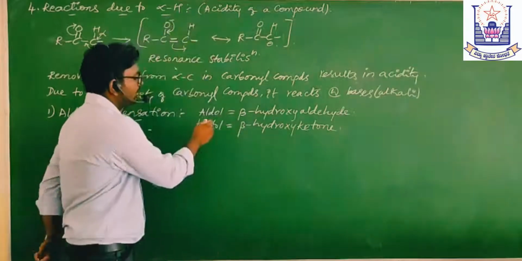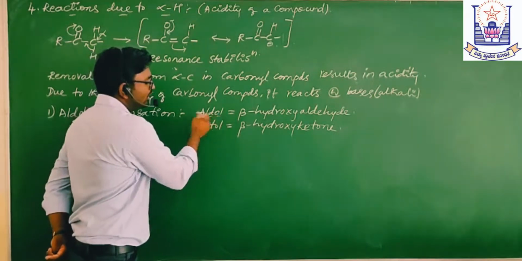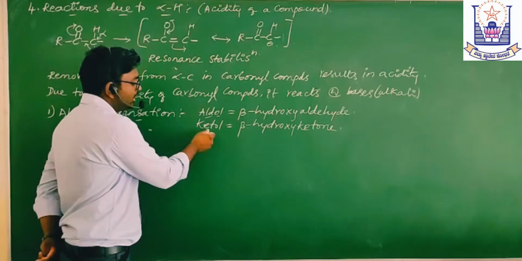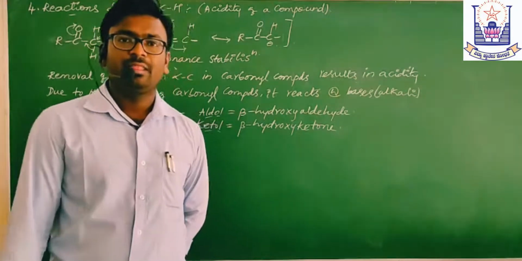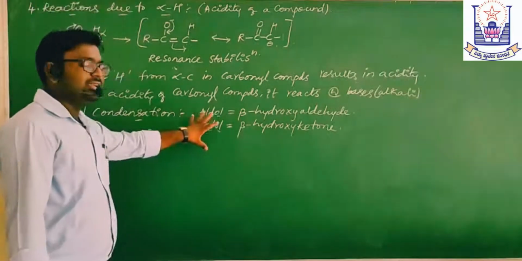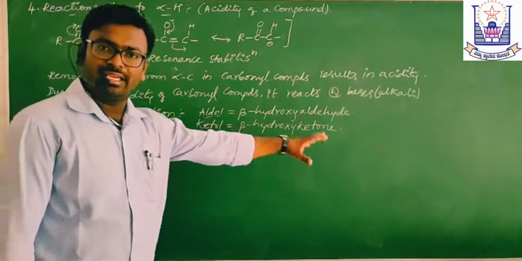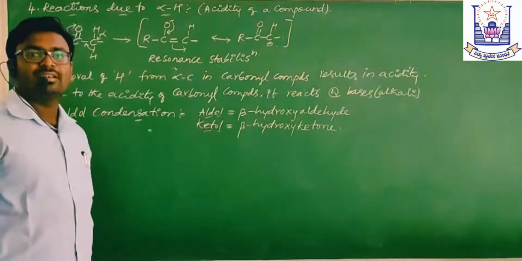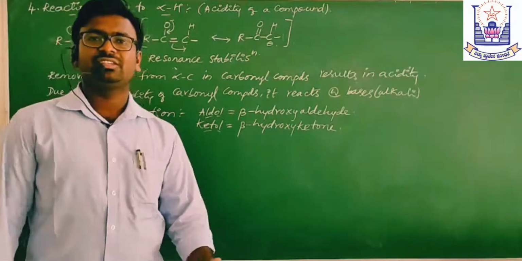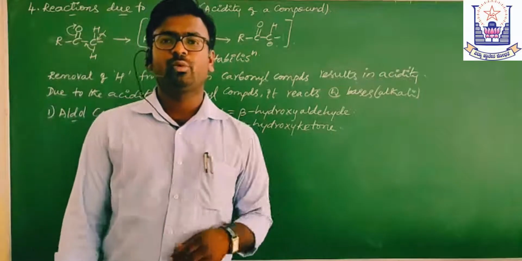What is this aldol? The aldehyde part and the alcohol part are there. Ketonic and alcoholic parts are there. But here you may get aldol or ketol. The name of the reaction is aldol reaction. Condensation, here H2O will be removed.